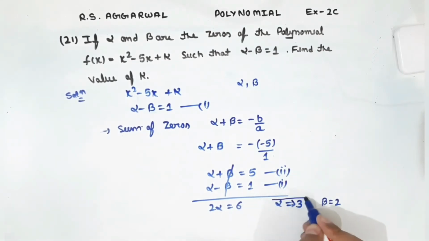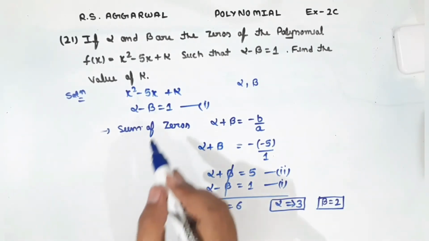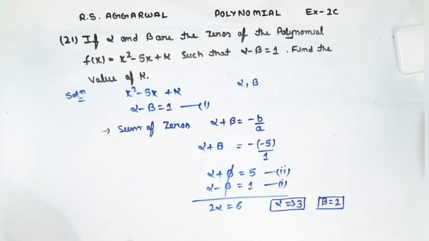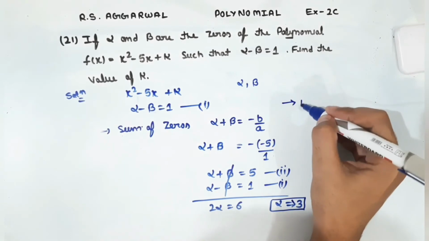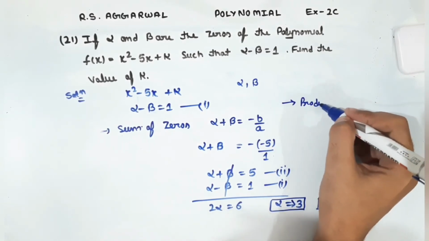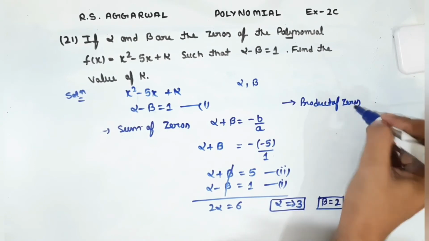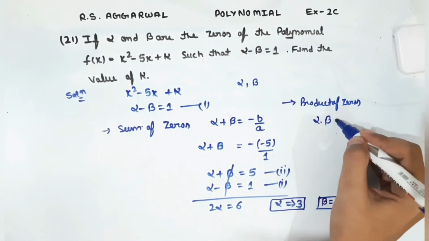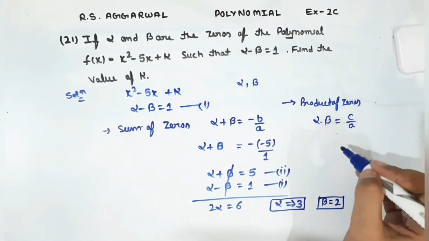This is our value of alpha and this is beta. Now in this given polynomial, product of zeros will be equals to alpha into beta, that is equals to c upon a.